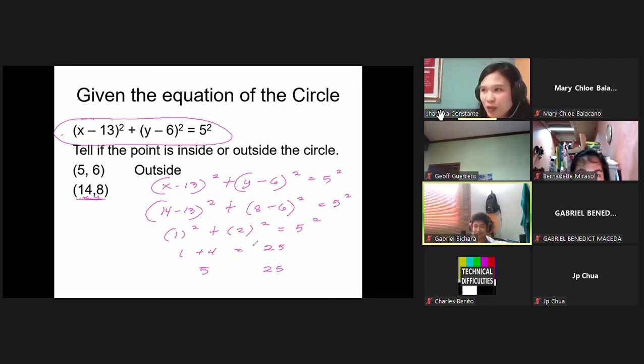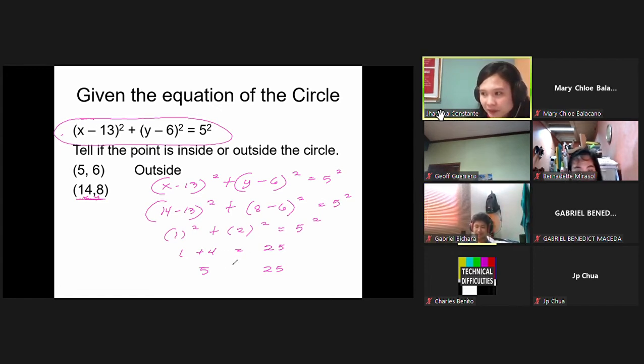So since we use less than as our symbol of the statement from the solution that we have, the given point (14, 8) is inside of the circle, since we have a statement which is less than.